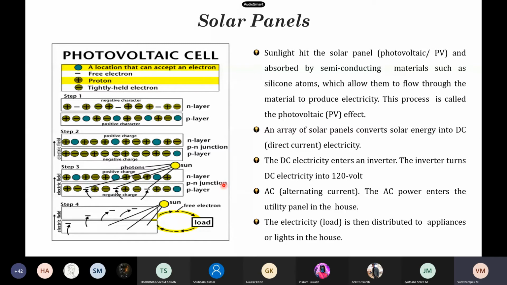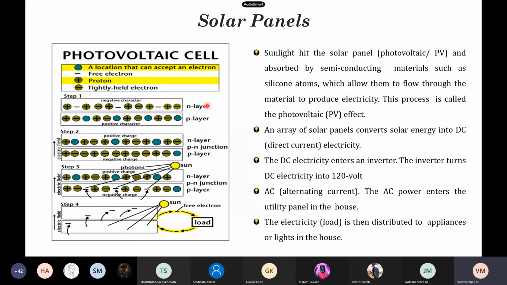The silicon with added materials such as arsenic and phosphorus is called N-type silicon, or negative charge silicon. The silicon added with boron is called p-type, or positive charge silicon.